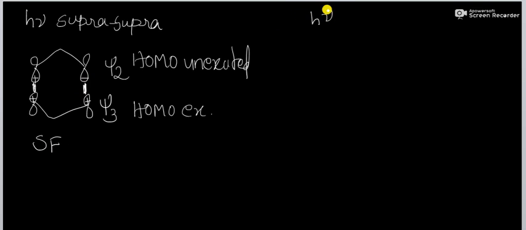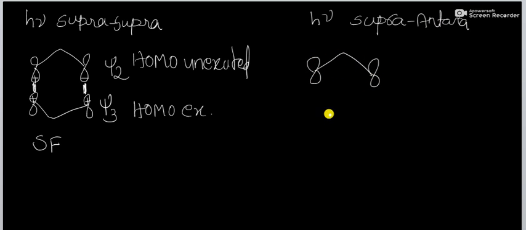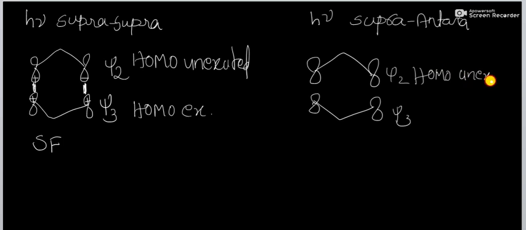Consider the last case in the presence of light. 3,3 sigmatropic rearrangement reaction in the presence of light undergoing supra-antarafacial addition. Here also the same system, HOMO of excited and HOMO of unexcited. Psi 2 is HOMO of unexcited and psi 3 is the HOMO of excited.